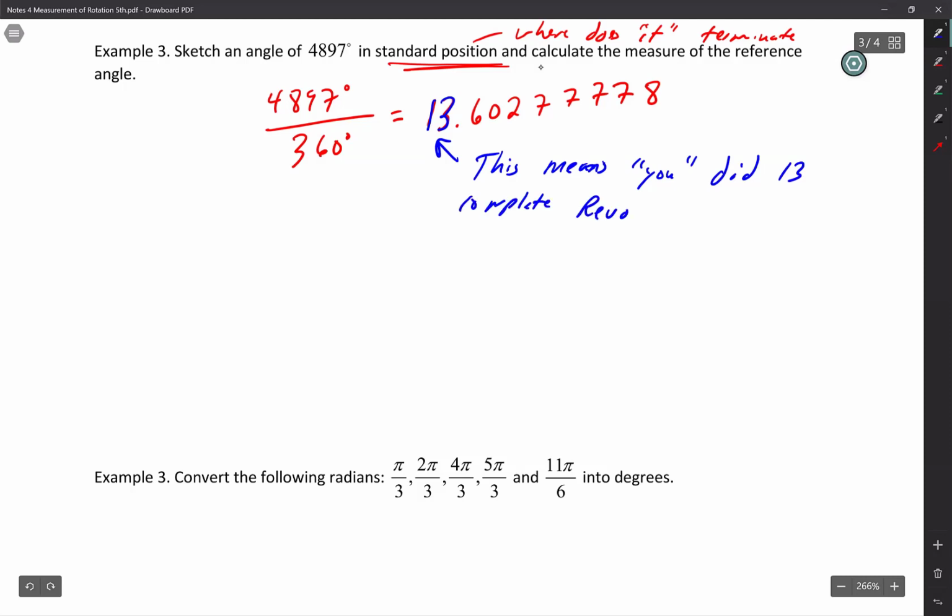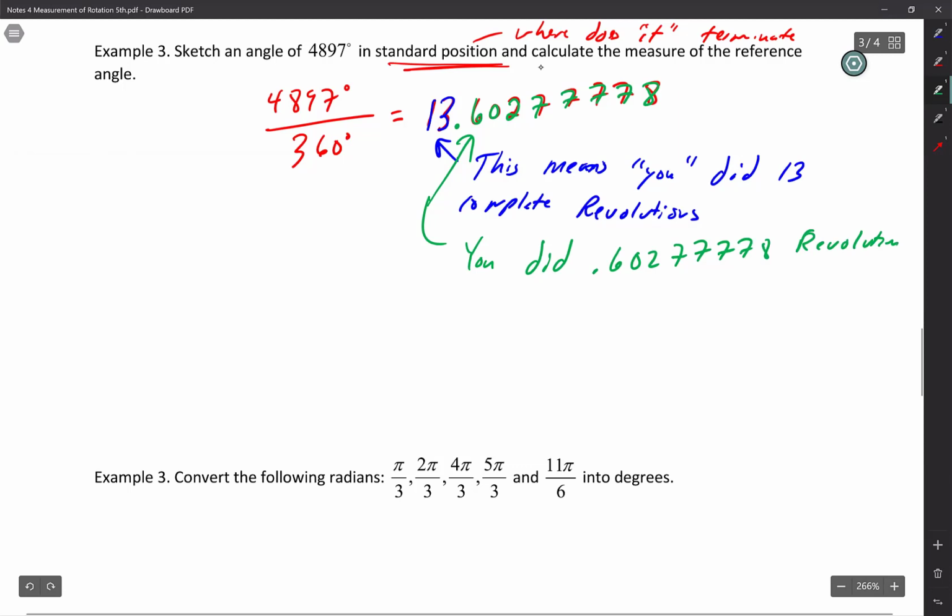The 0.6027778, that in green, means you did 0.6027778 of a revolution. I should just take out the S because it's less than a revolution. So make sure that we're smart, guys.